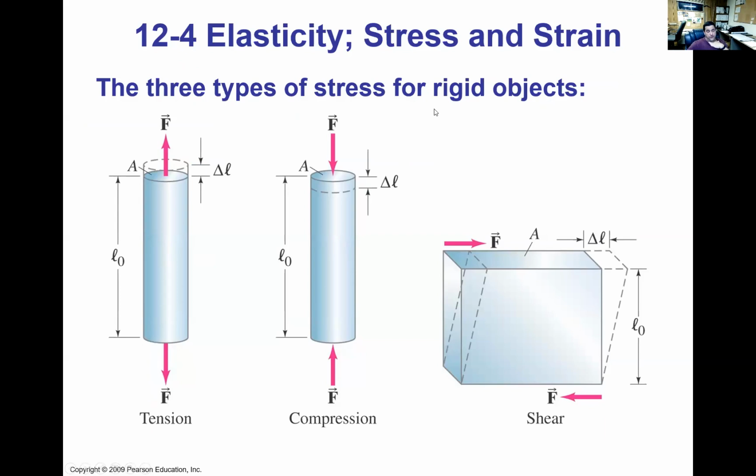So here are the three different types that we just talked about. You have tension, compression, and shear. Now, shear is where you apply two forces that oppose one another, and you're trying to get this type of effect happening.